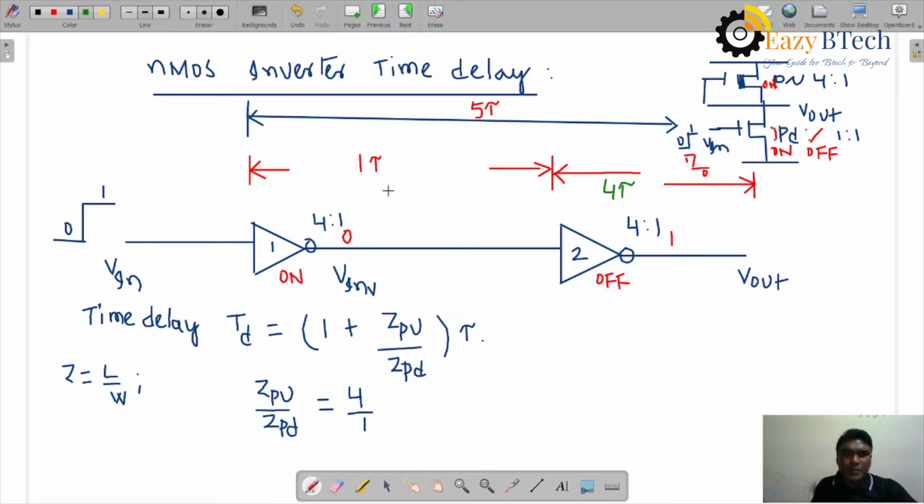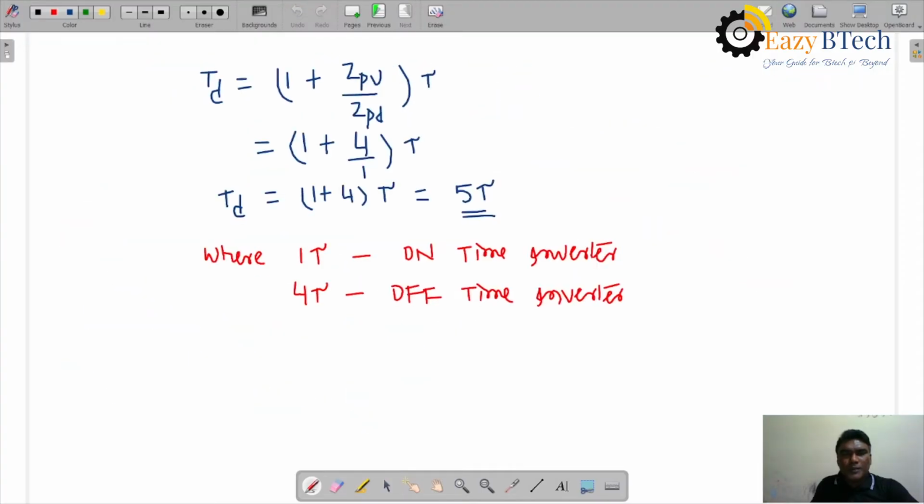The first inverter time delay is 1 tau, and its output is the input to this one, then this enhancement transistor is off, then we will get the output. So off time will be 4 tau, right? 4 nanoseconds. So that is the NMOS inverter to inverter total time delay.